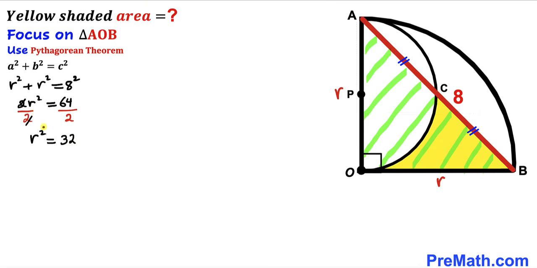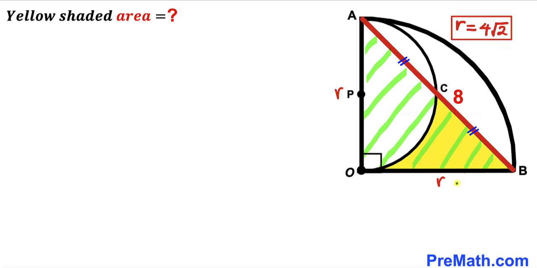Now I'm going to undo this square by taking a square root on both sides, and here we can see this square and square root is gone. So therefore our radius lowercase r is going to be equal to 4 times square root of 2 units. So thus our radius r turns out to be 4 times square root of 2. So therefore this radius OB is going to be 4 times square root of 2, and likewise this radius AO is going to be 4 times square root of 2 as well.